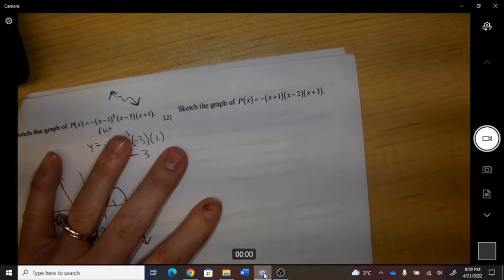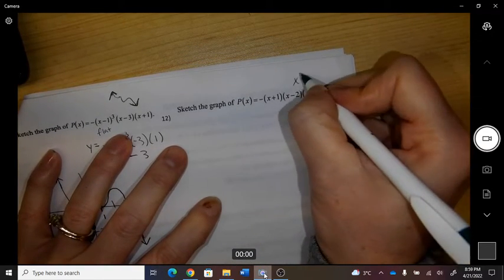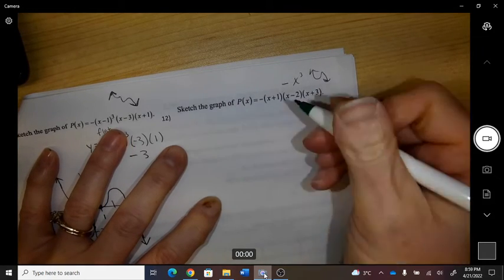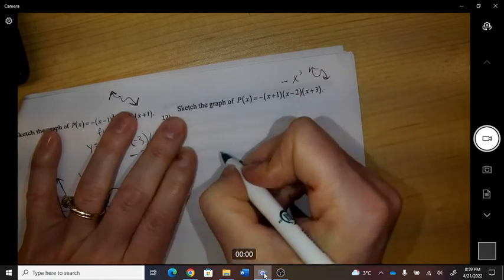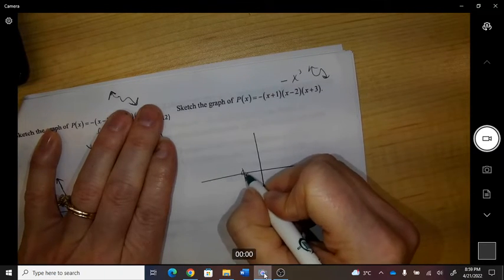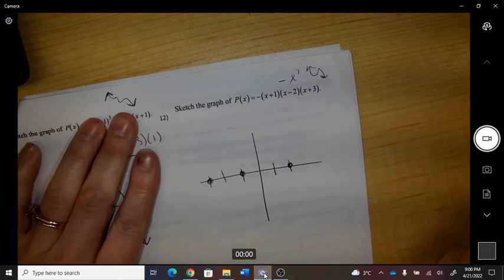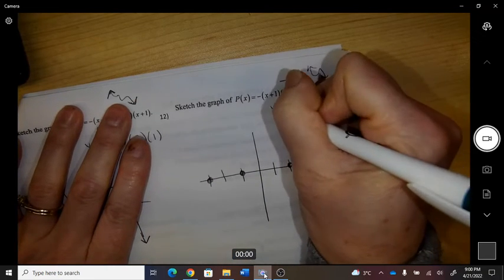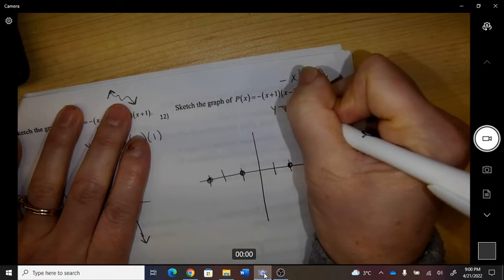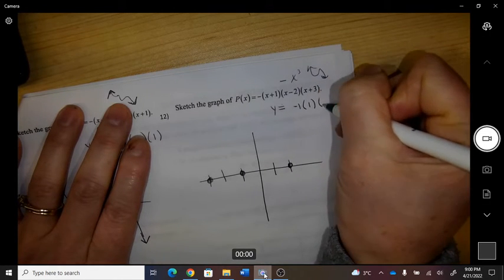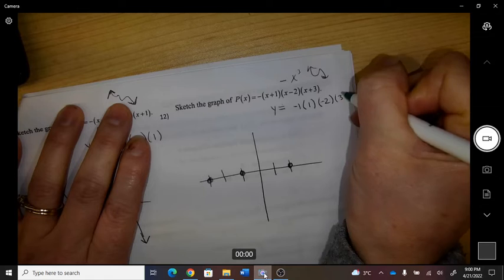Sketching this graph, I have 1, 2, 3, and negative is the leader, so that's my shape. The x-intercepts are going to be at -1, at 2, and at -3. And my y-intercept is going to equal -1 in the front times a 1 bracket, -2, and a 3.